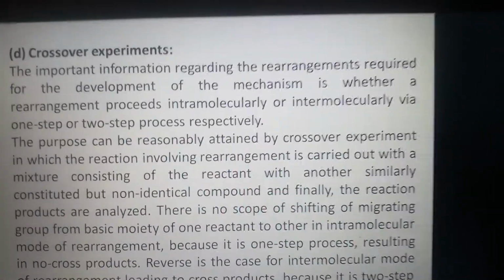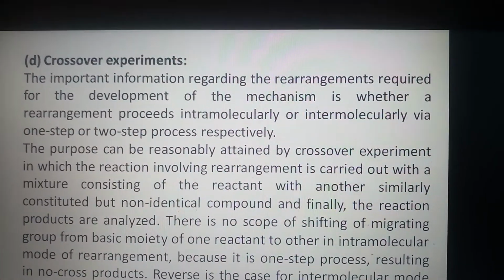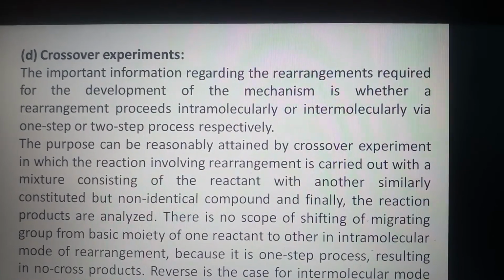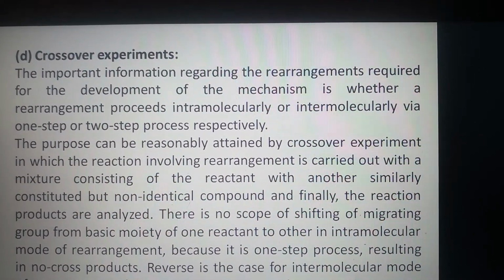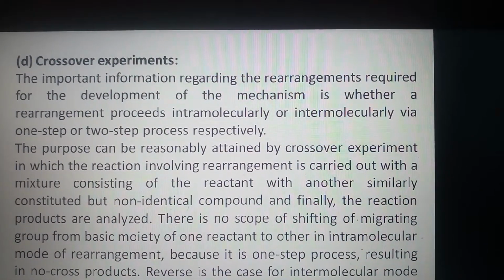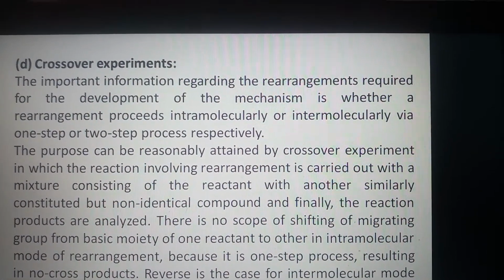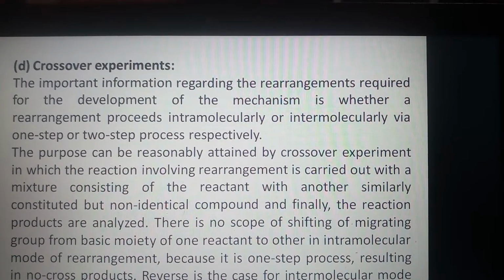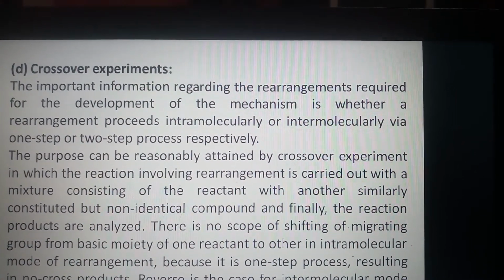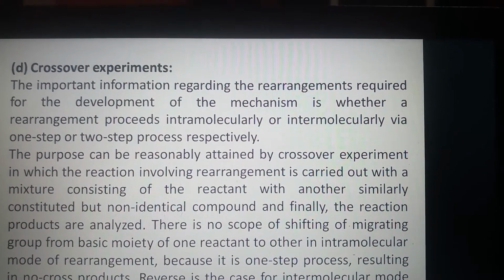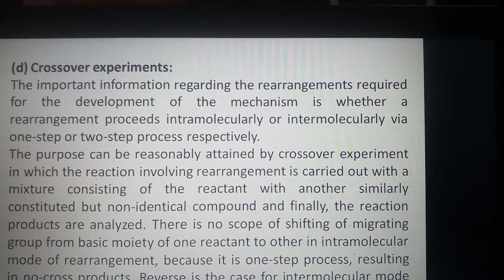Now, the last experiment is the crossover experiment. The important information regarding the rearrangements required for the development of the mechanism is whether a rearrangement proceeds intramolecularly or intermolecularly, via a one-step or two-step process respectively.